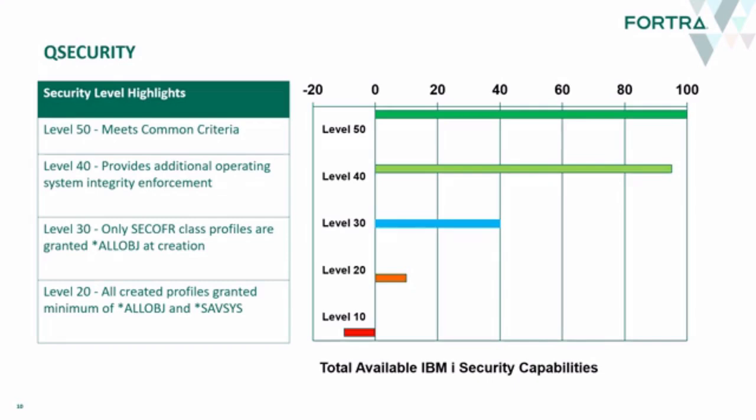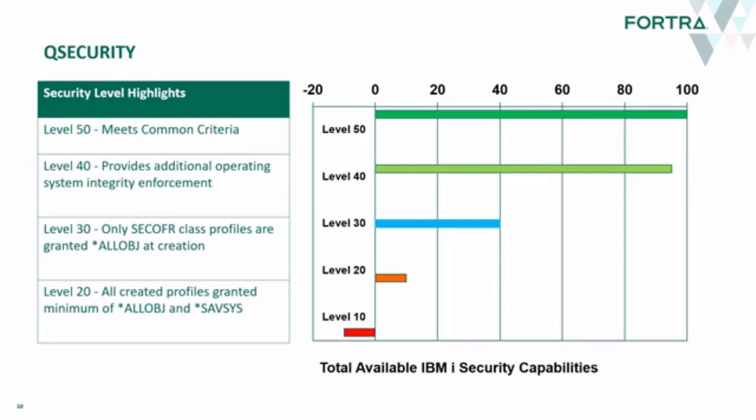Now, the reason we highlight this is because the biggest difference between level 20 and level 30, when you make that move, at level 20, all users are granted by default at creation time, all object and save system. When you do that IPL and you change your QSECURITY level from 20 to 30, all of those authorities get stripped away from all of the users except for those in the security officer class.